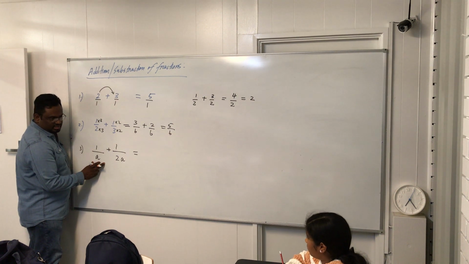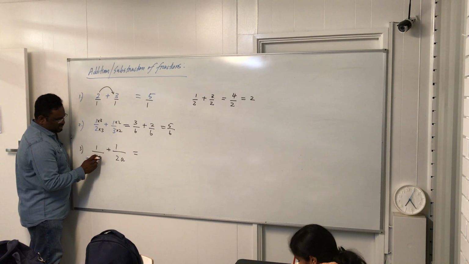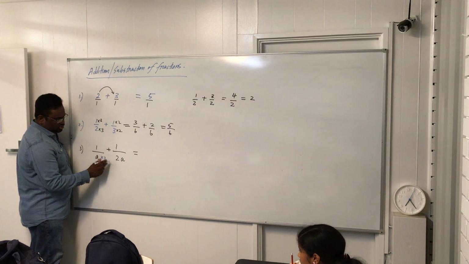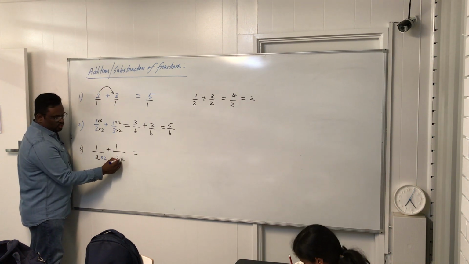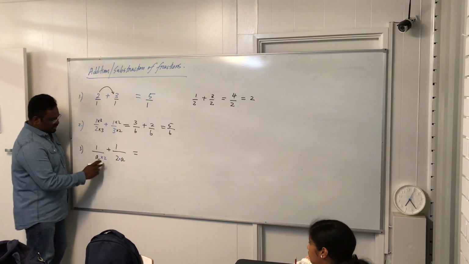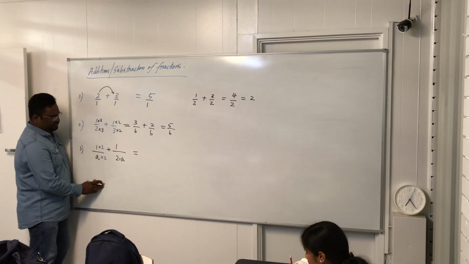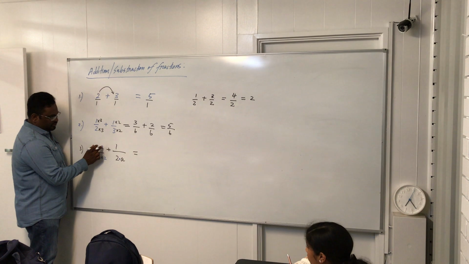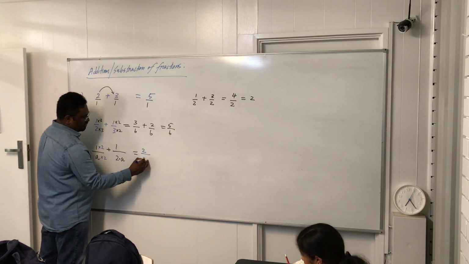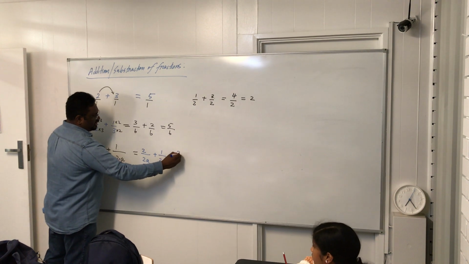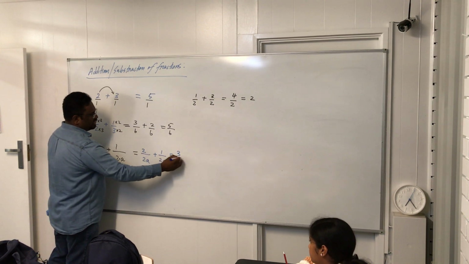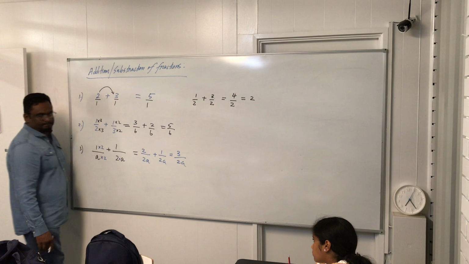To make it equal, this you have to multiply by 2. So 2A means 2 times A, right? So you do the same thing here. Then you write this one, 1 times 2 is 2, 2 divided by 2A, plus 1 divided by 2A. The answer would be, now you can add, 2 plus 1, 3, 3 divided by 2A. That's the answer.